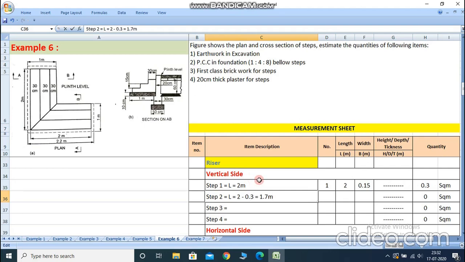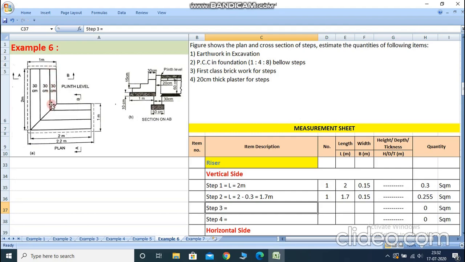So right here number is 1, length is 1.7 meter already calculated here, and width is 0.15.